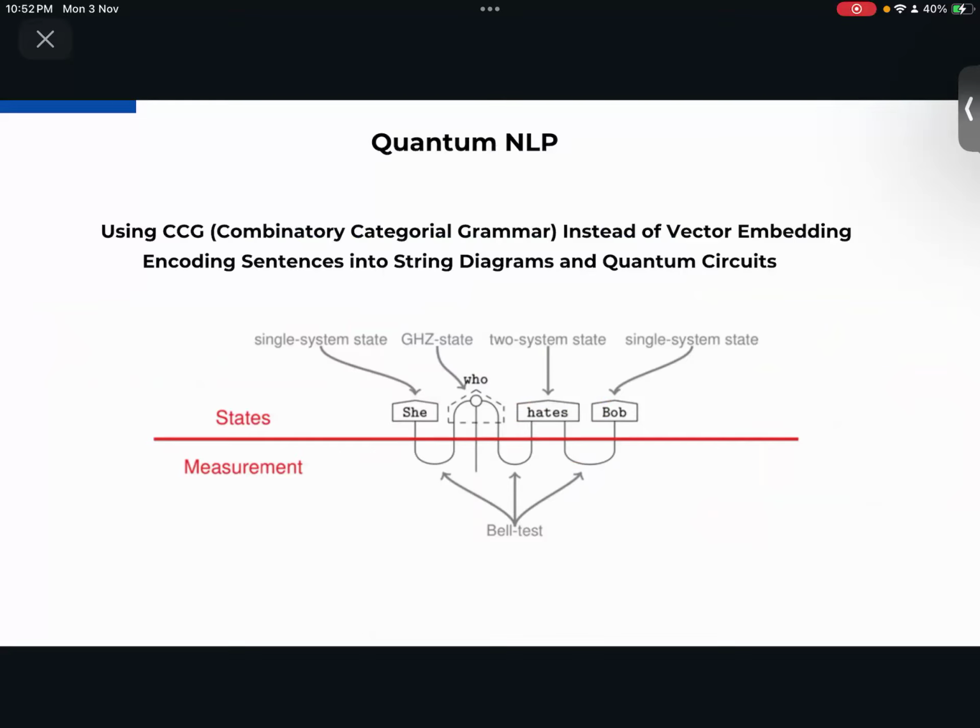We also have quantum NLP, or quantum natural language processing. Instead of dealing with the text data as vector embeddings, we use something called CCG, or combinatory categorial grammar. We encode sentences into string diagrams, then from the string diagrams to quantum trees, and from the trees to quantum circuits.